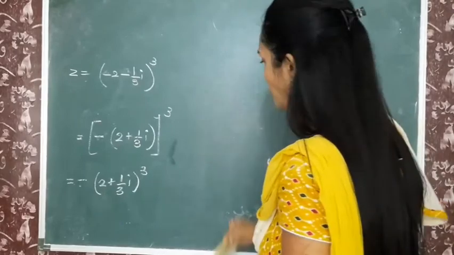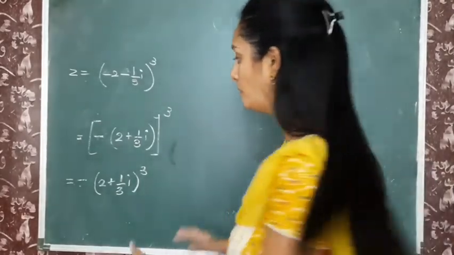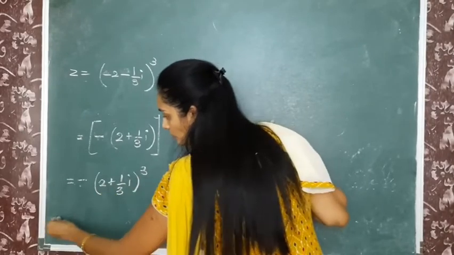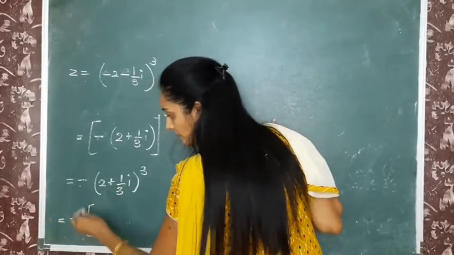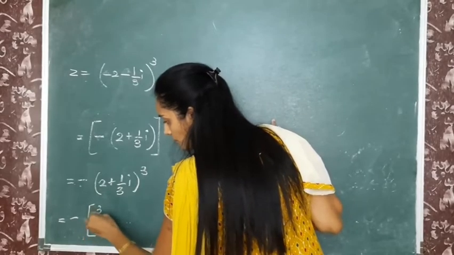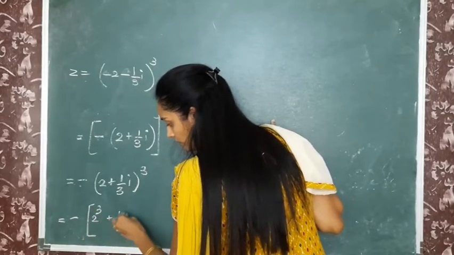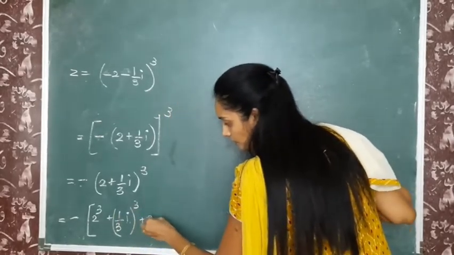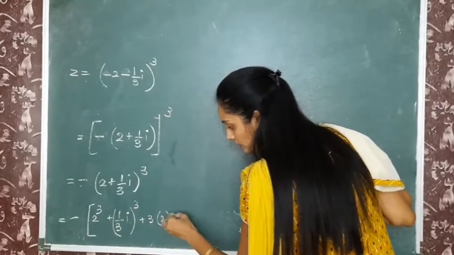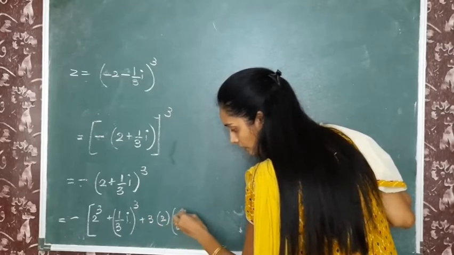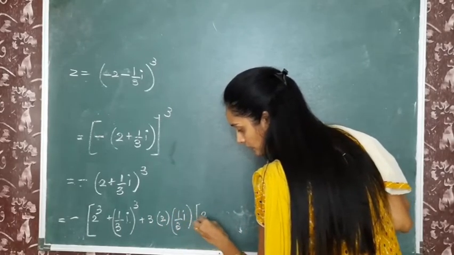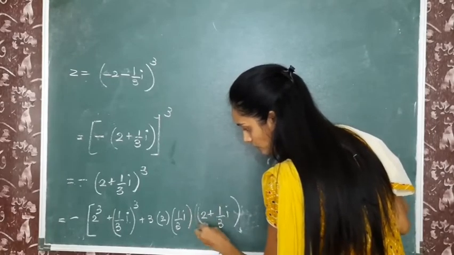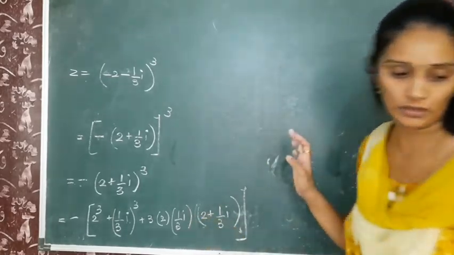Now for this we can apply the formula of a plus b whole cube. So the minus sign as it is, in the bracket 2 cube plus 1 by 3 into i whole cube plus 3ab in the bracket a plus b. Now the bracket is complete.